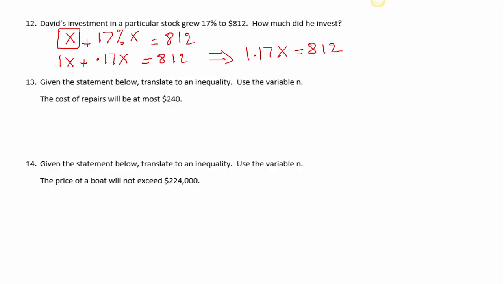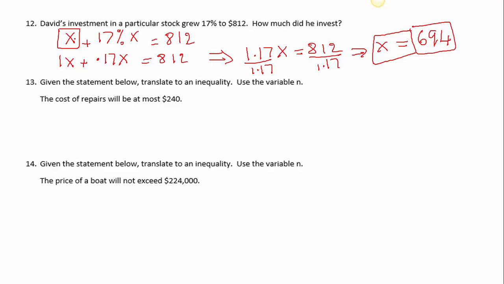Now finally, to solve for x, we have to divide both sides by 1.17, and this implies x would be 812 divided by 1.17, and that would be 694, rounded to the nearest whole number. So the original investment is x equals 694.